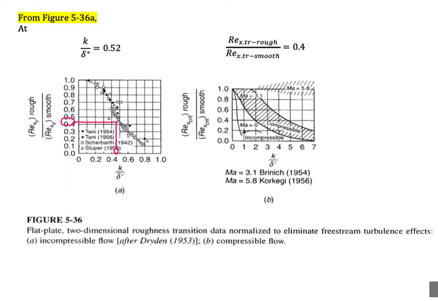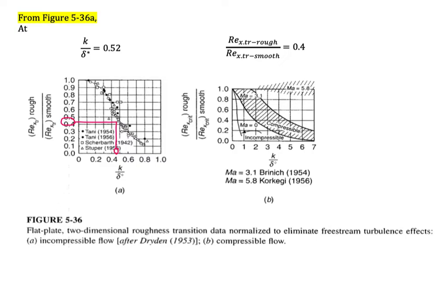We have a graph here. As I said, it is not easy to calculate the effect of surface roughness on the boundary layer, because surface roughness can be anything. We don't have an exact equation to predict the behavior.